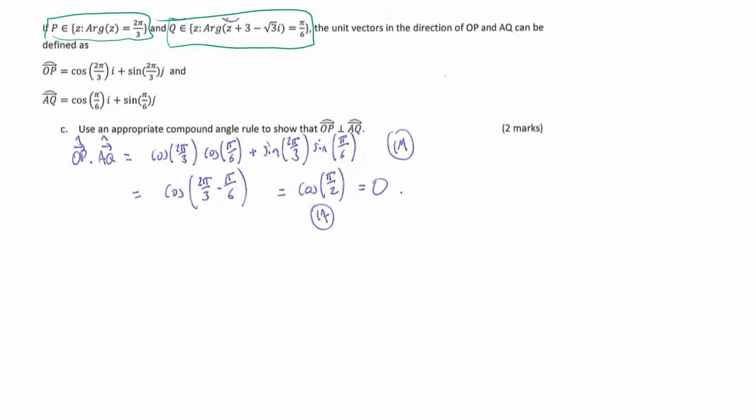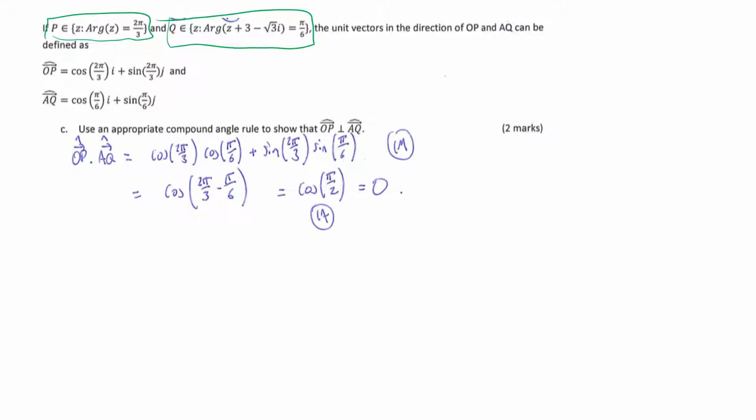So I thought that was a neat way to describe a unit vector in the direction of OP and AQ using the arguments that were given in the setup of the rays. But use an appropriate compound angle rule to show that those unit vectors are perpendicular to each other, and therefore, in other words, that the two rays are also crossing at 90 degrees.